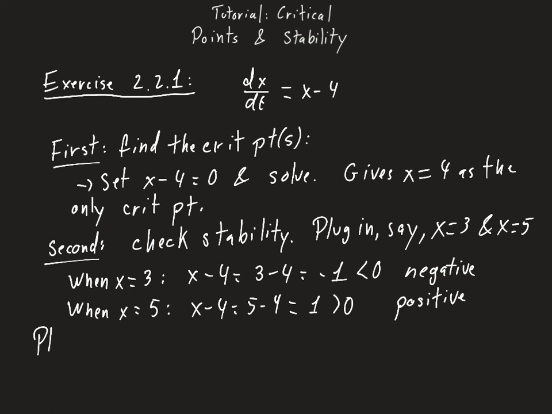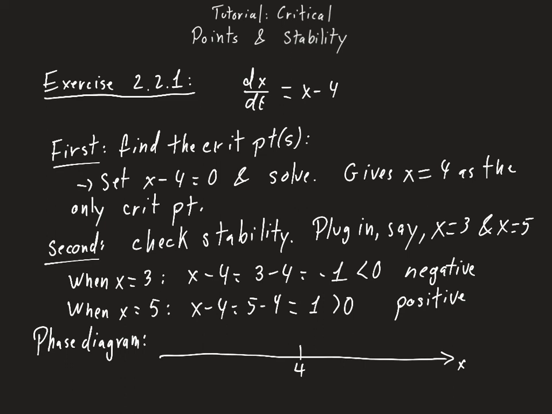And for the phase diagram, this is very straightforward. You just draw the real number line, and this is for x. And you mark on this real number line all of the critical points. In this case, we only have one, which is at x equals 4.